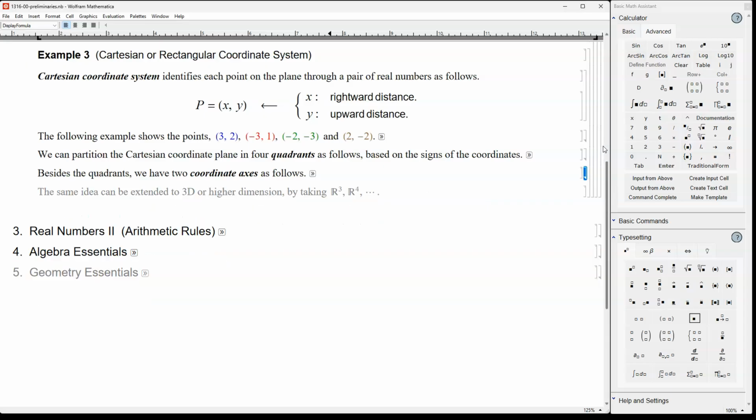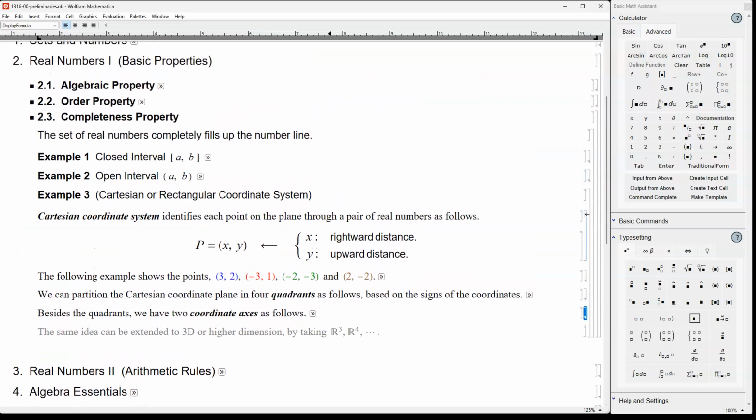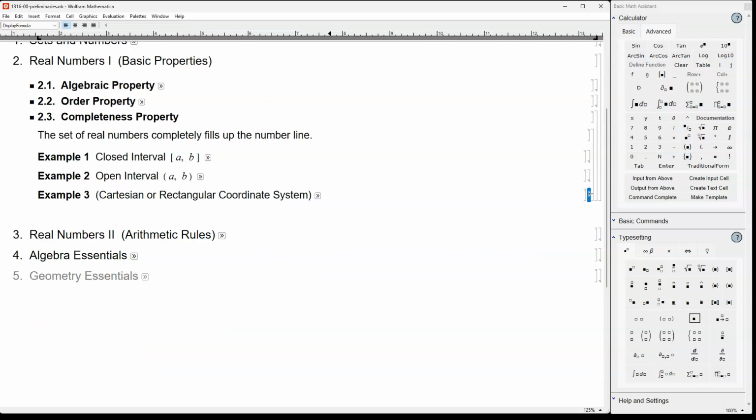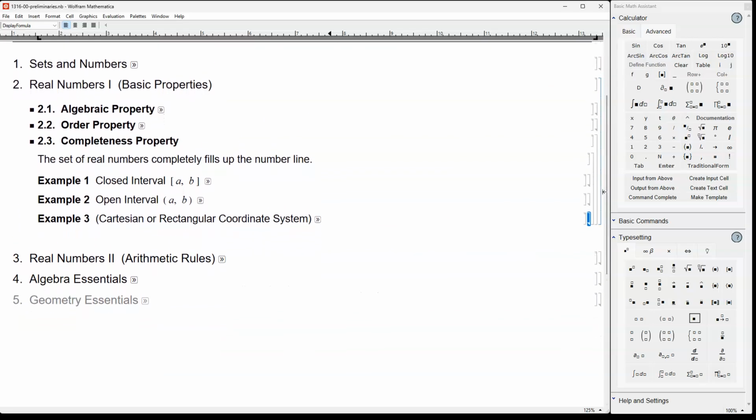We can do all those because of the third property, the completeness property. There's a one-to-one correspondence between any point on a line versus a real number. And then we have 2 lines, horizontal and vertical.